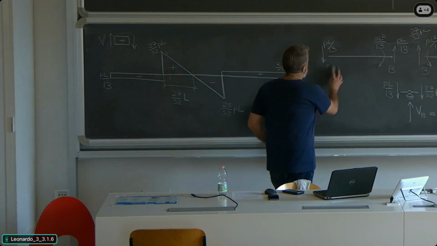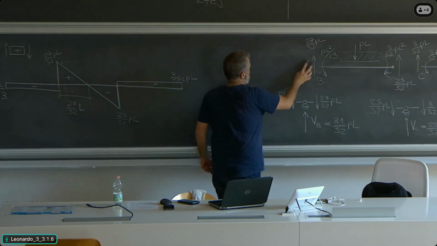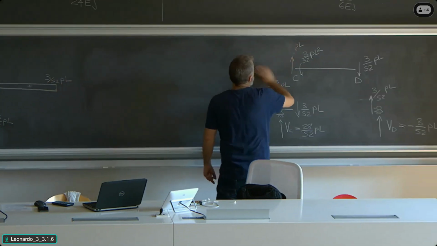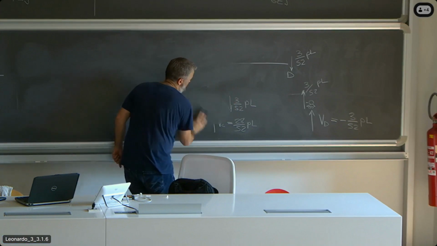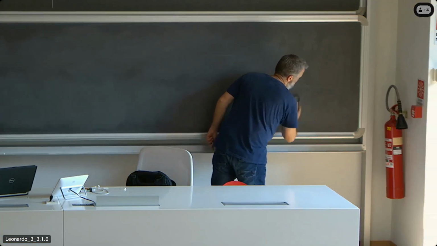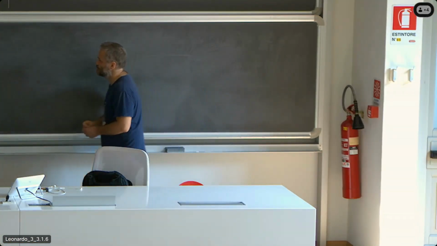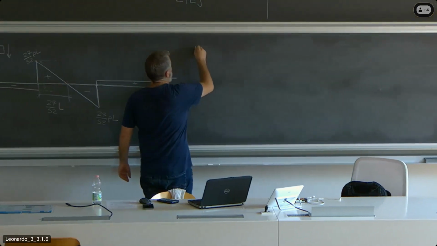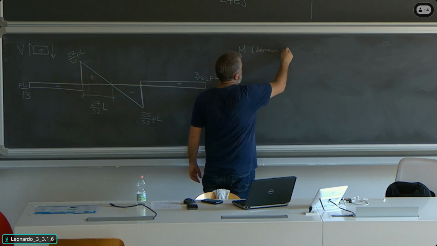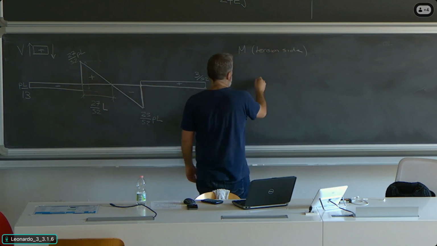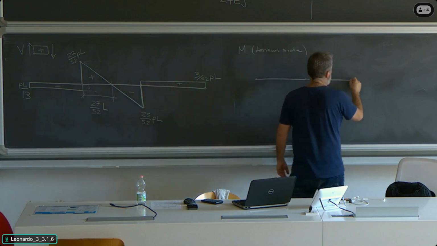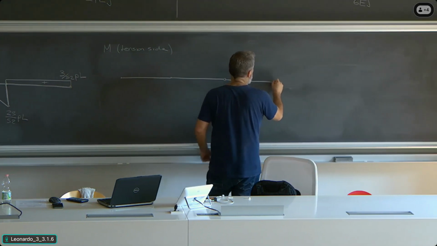Okay, I will now erase the blackboard because I need more space to plot the bending moment diagram. M, I plot it on the tension side. First span, second span, third span.